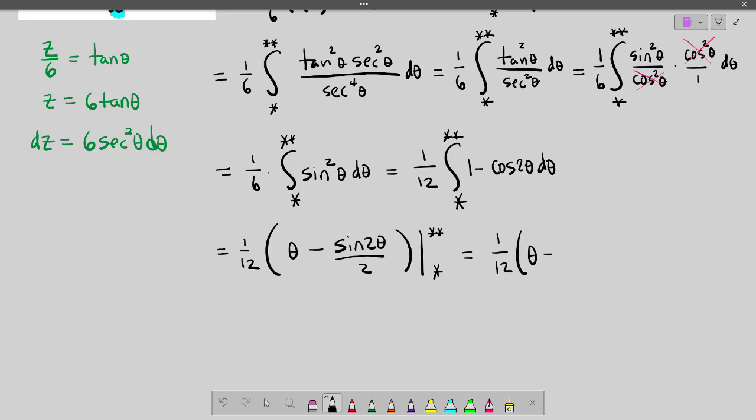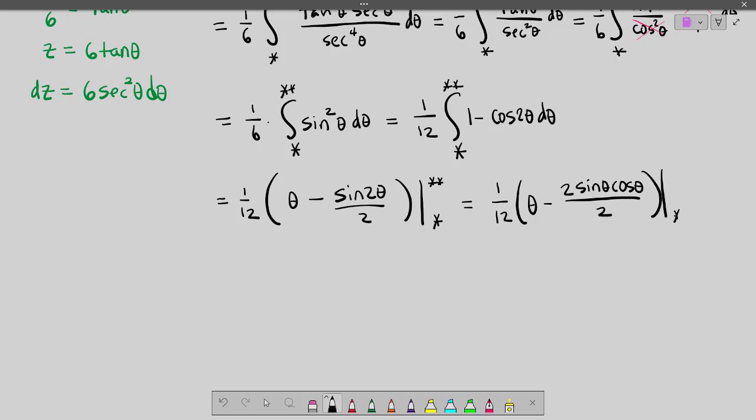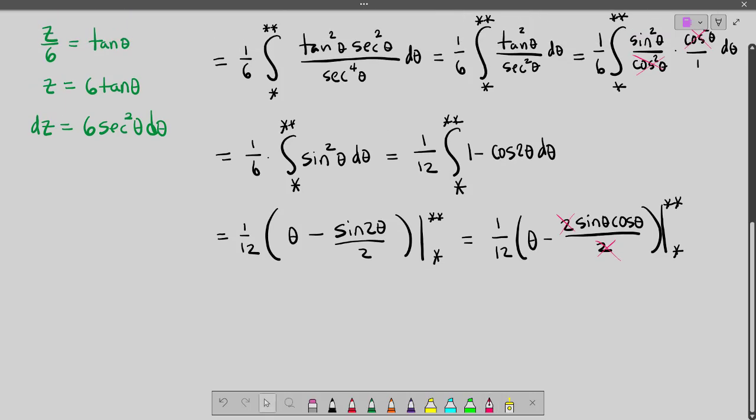What do we do with the sine of 2 theta? 2 sine cosine theta. 2 sine cosine, exactly. Double angle identity. And the 2's cancel. All right. So now we have all of these thetas in our antiderivative.